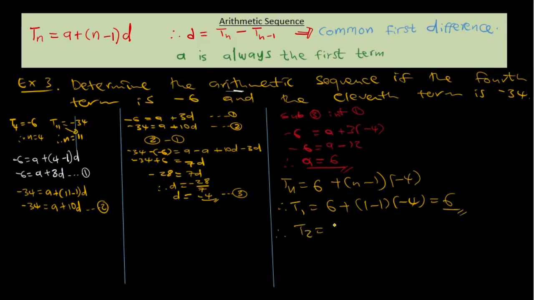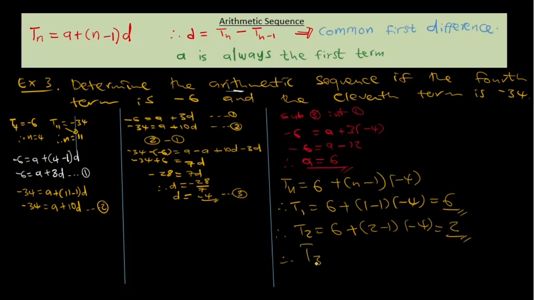T2 will be, remember, T2 meaning n equals 2. So we're using this, our general nth term equation. This will be 6 plus 1 times minus 4, which is 2.